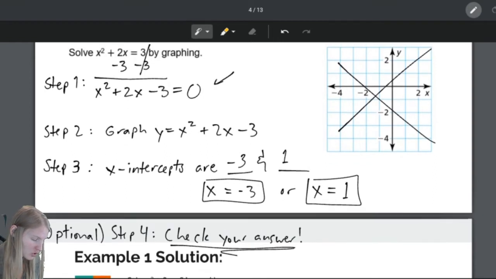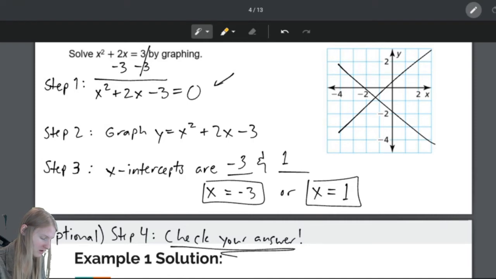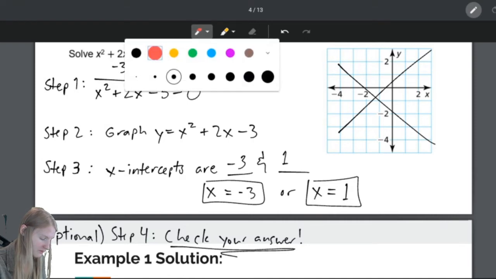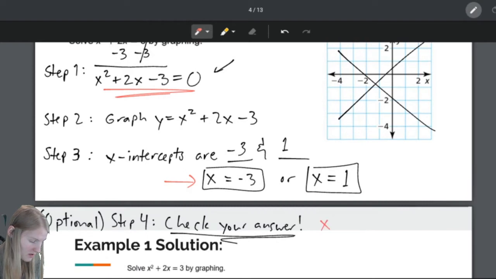So the way to check is we take our equation and we're gonna plug in these numbers. So x squared plus 2x minus 3, that should equal 0.